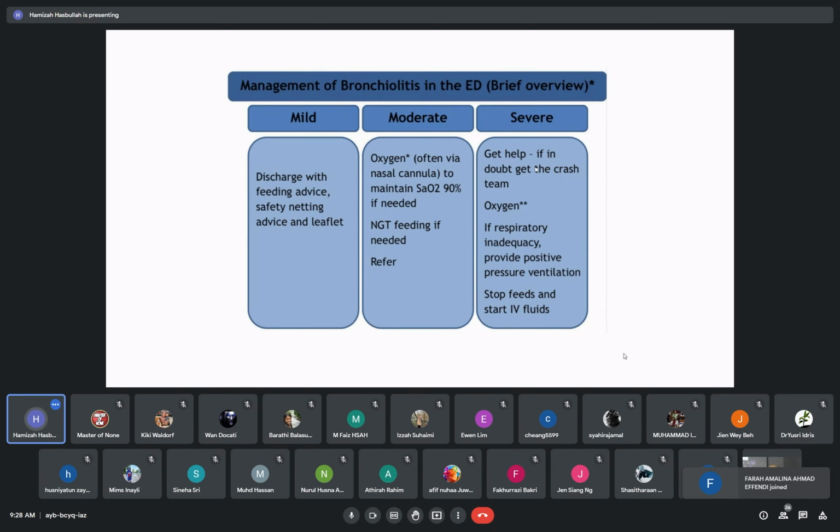Okay, basically safety net, I think you can apply not just for bronchiolitis. Any patient that you discharge, or anything that we manage the patient in emergency, there are safety nets. Safety net ni maksudnya ada certain advices ataupun certain red flags that you inform to the patient or inform to the colleague. If anything ada, then the parents need to bring the child immediately to emergency department rather than wait ataupun pergi mana-mana.